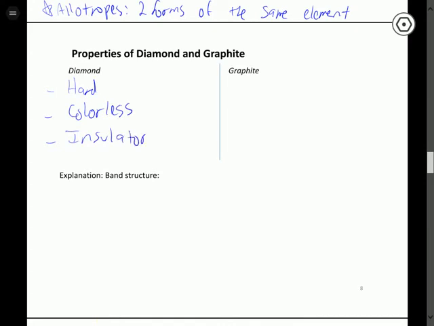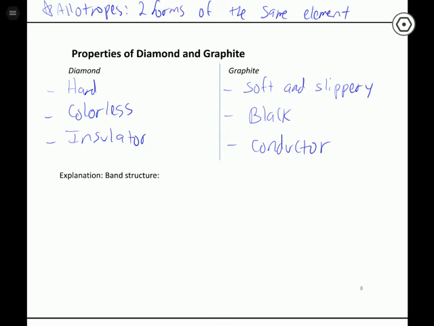Okay, so those are properties of diamond. And then graphite, as we already talked about a little bit, is soft and slippery. If you've seen it before, it's black in color. And it's a conductor of electricity. Okay, so those are the properties.